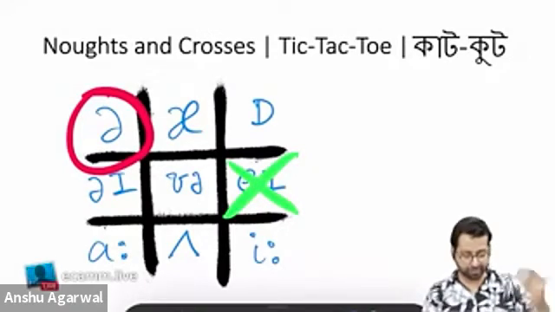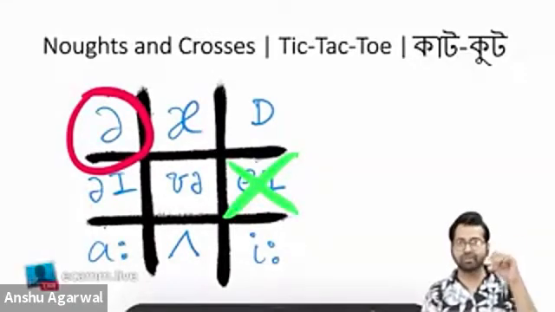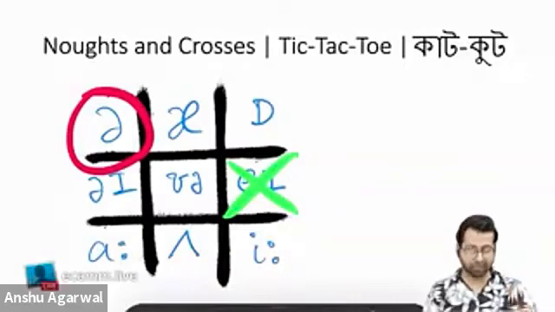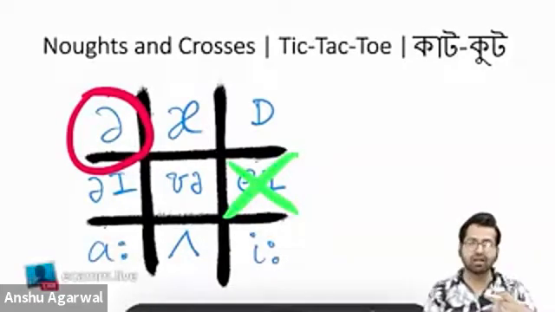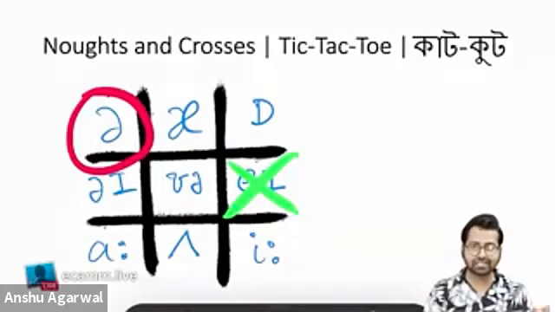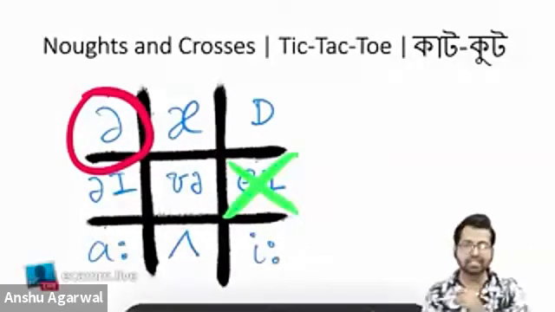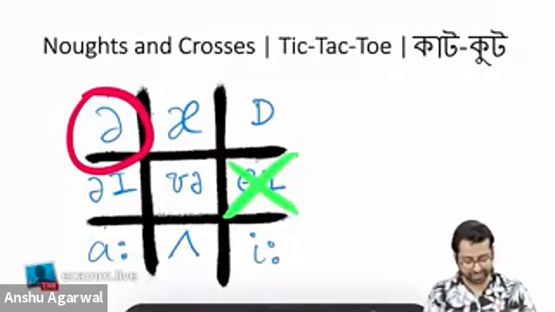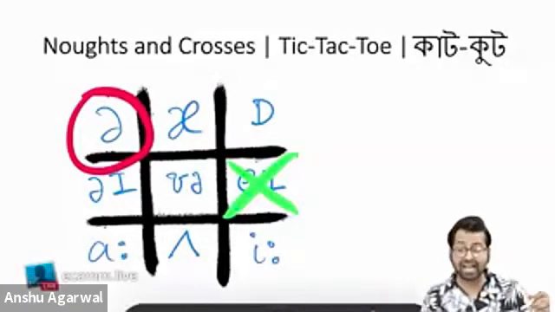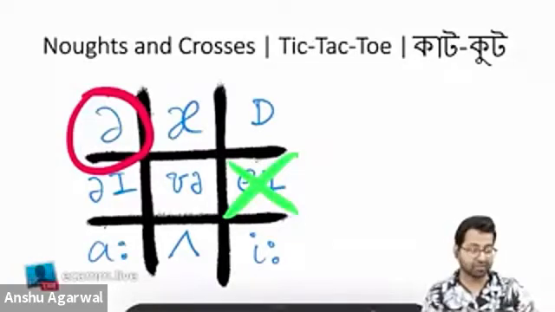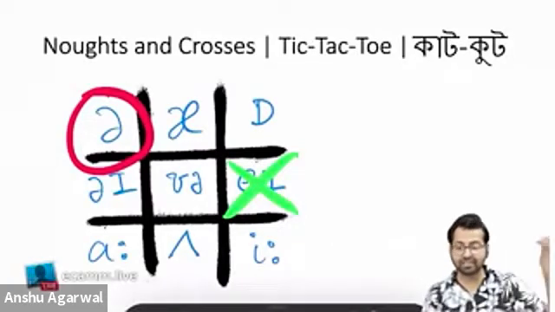And then the third person is going to say something, and I'm going to make circle. The aim is for somebody to make 3 consecutive circles, the knots, or 3 consecutive crosses, be it horizontally, vertically, or diagonally, right? If one of them exists, then the game is over.